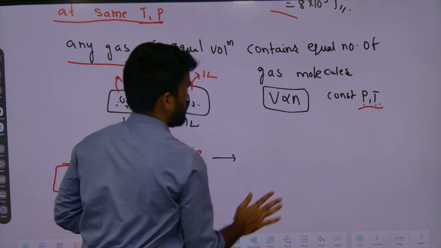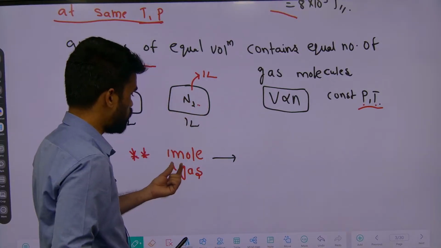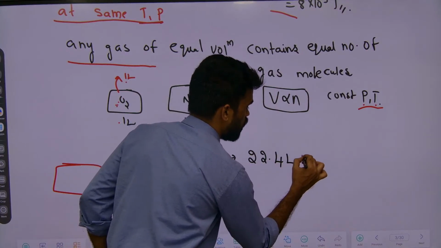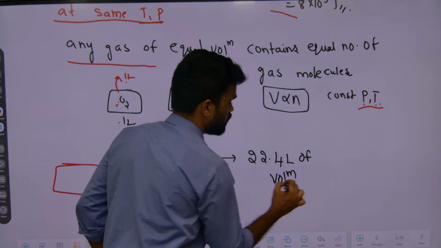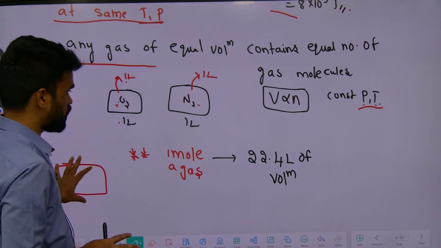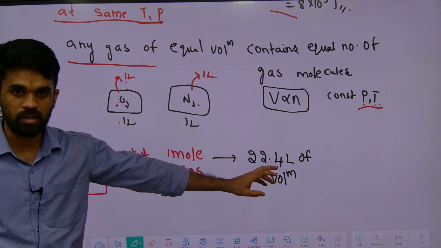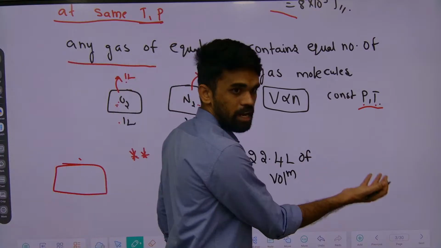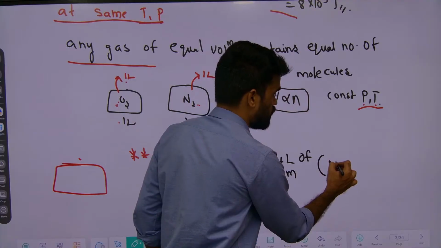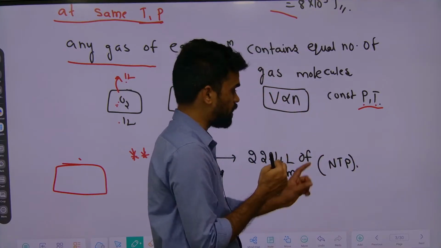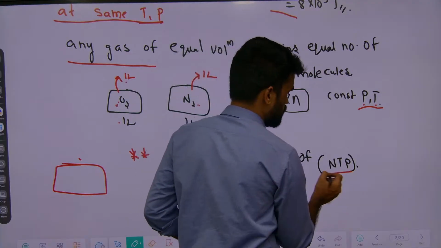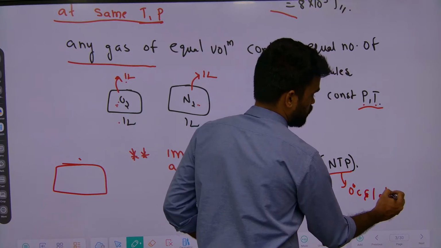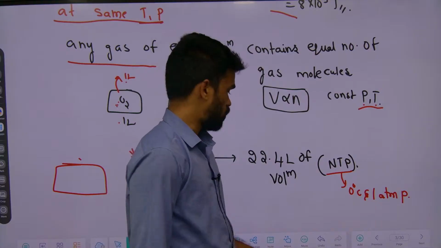So at this normal temperature and pressure condition, 1 mole of a gas is found to occupy 22.4 liters of volume. It means the volume of container is considered as 22.4 liters. So in that, how many gas particles did he observe? 1 mole. So 1 mole is nothing but our Avogadro number. Normal temperature and pressure is nothing but 0 degrees Celsius and 1 atm pressure. Okay.